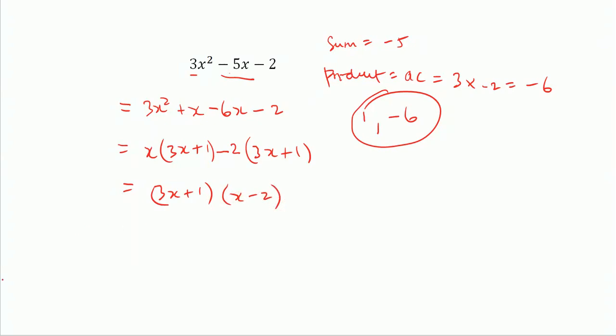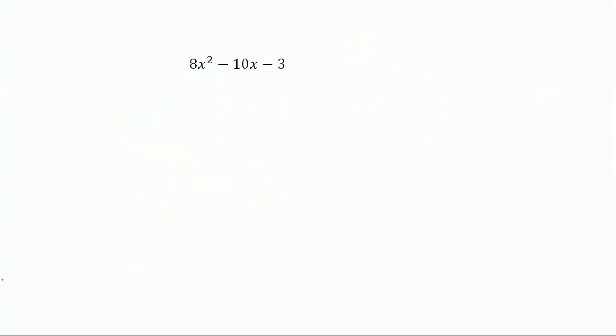Okay, and our last one, we are looking for two numbers whose sum is equal to minus 10, whose product is equal to AC. The coefficient of x squared is 8, so it's 8 multiplied by C, which is minus 3, which gives us minus 24.